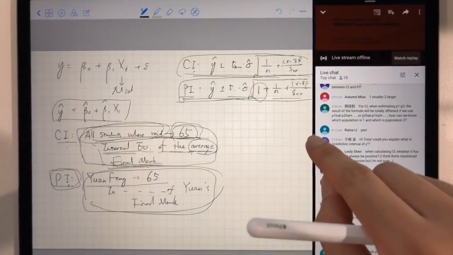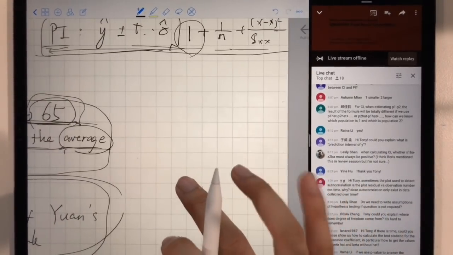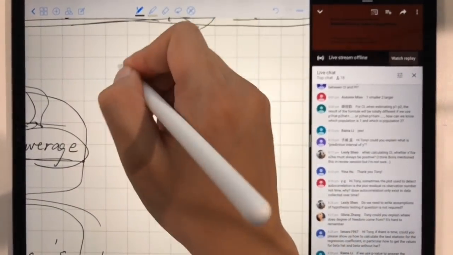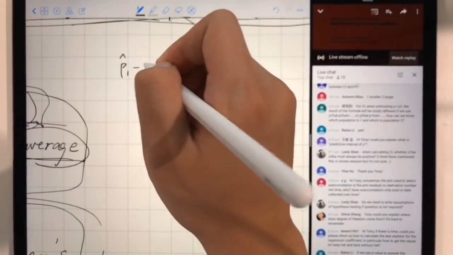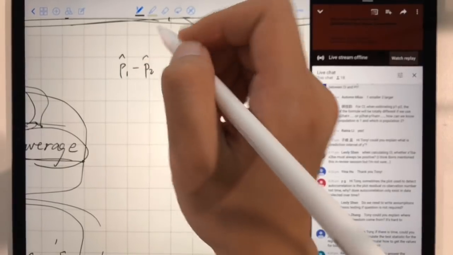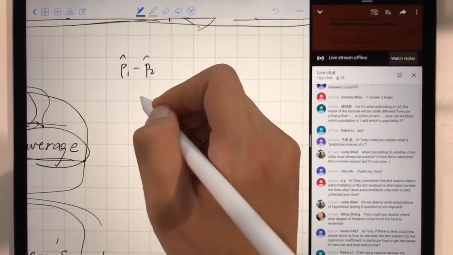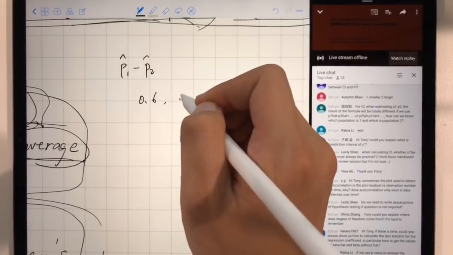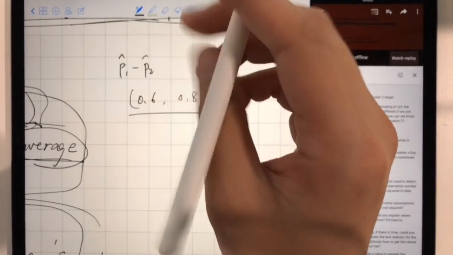So for example, if you estimated p1 hat minus p2 hat, and you construct an interval like 0.6 to 0.8, okay? So for example, this is your interval.